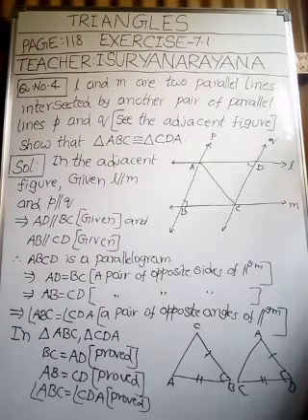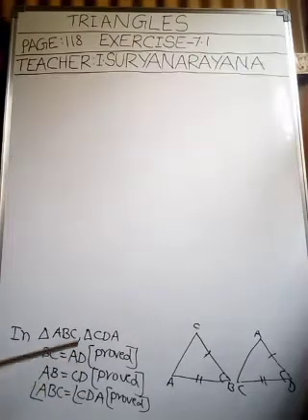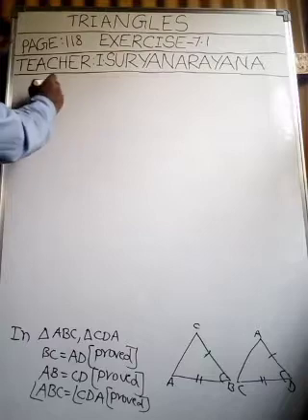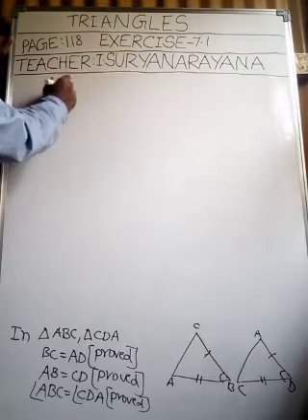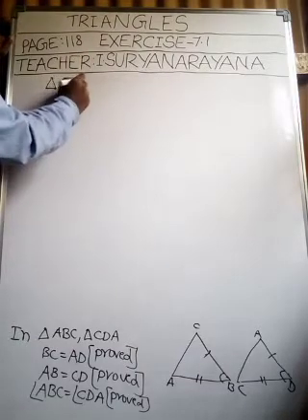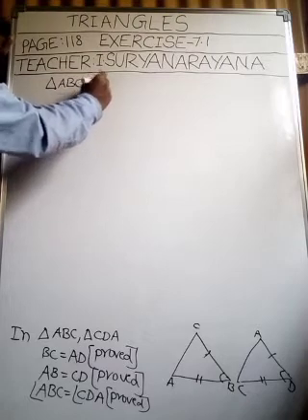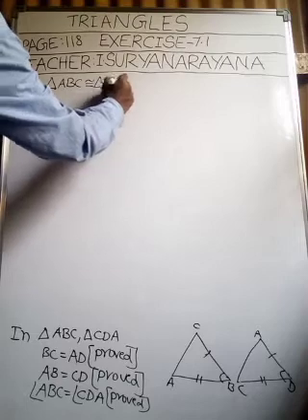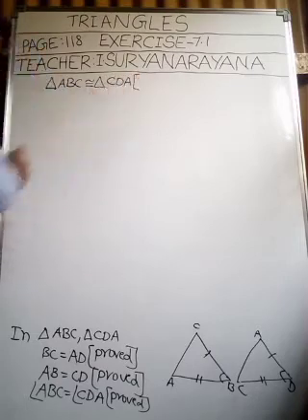Okay, my children. So by observing these three steps, what can you say about these two triangles? Triangle ABC is congruent to triangle CDA. By which rule, my dear children, are these two triangles congruent?